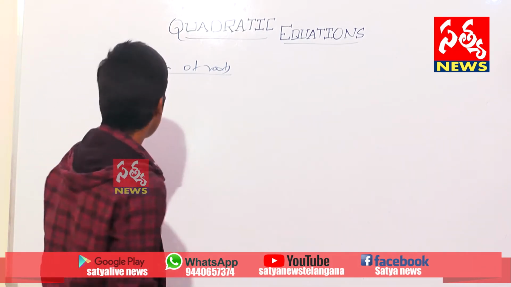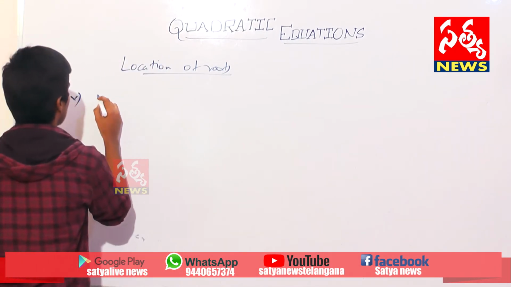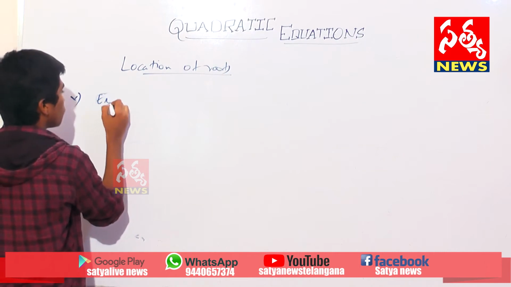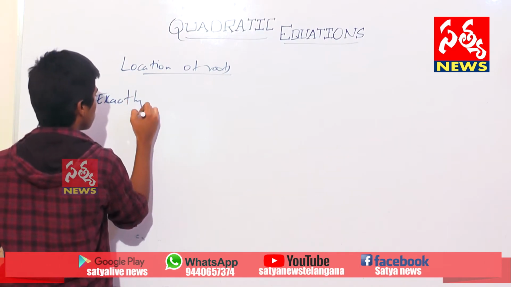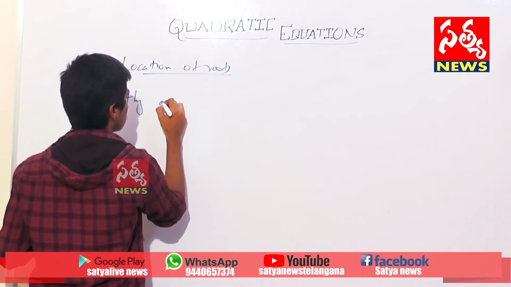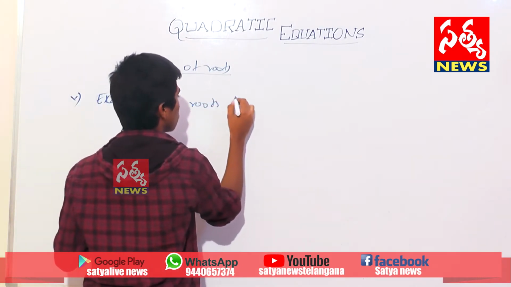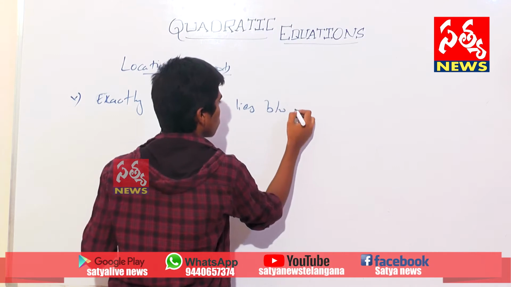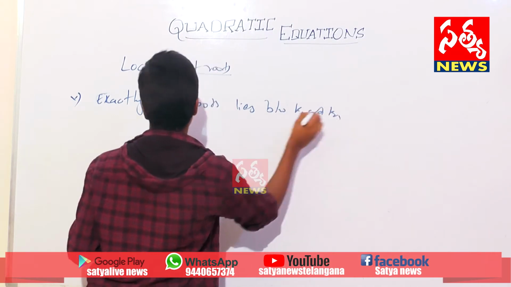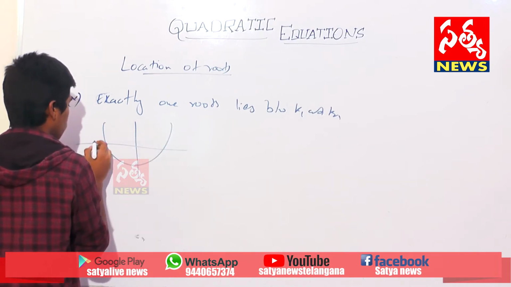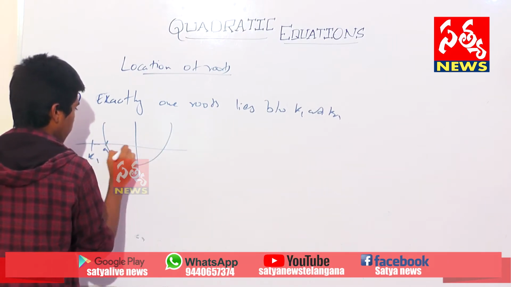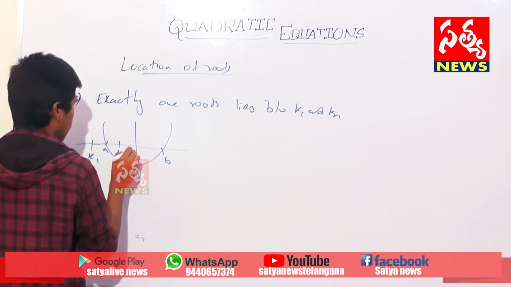Okay, and the fifth one is exactly one root lies between the constants k1 and k2. So let's take, this is the curve. This is k1, a, b, this is k2.